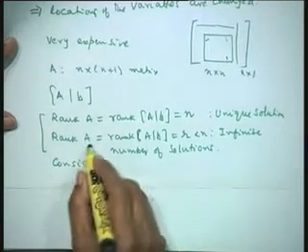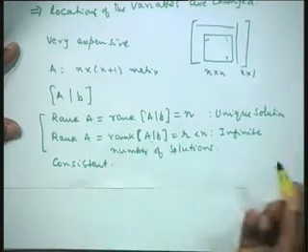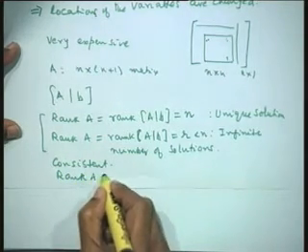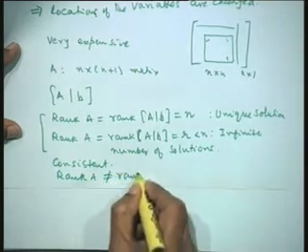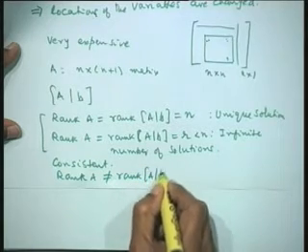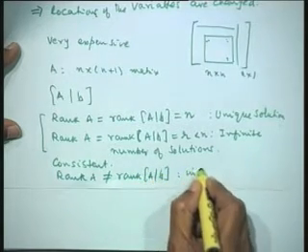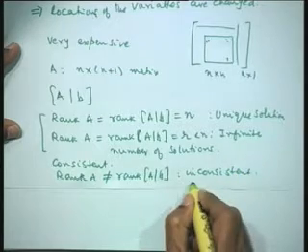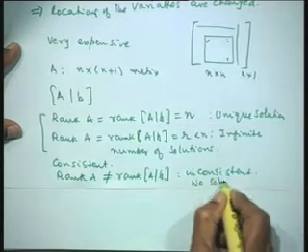Now lastly, if the rank of A is not equal to the rank of the augmented matrix AB, then it is inconsistent, that means it has no solution.